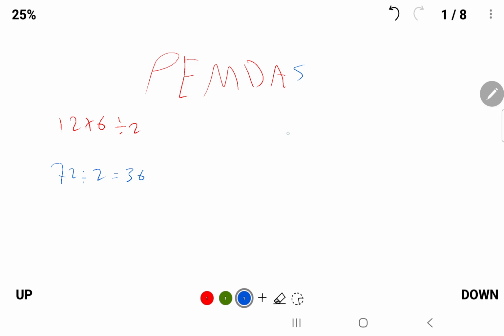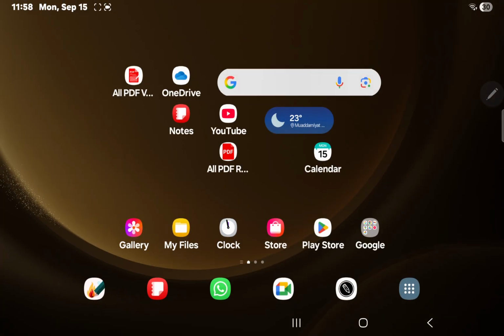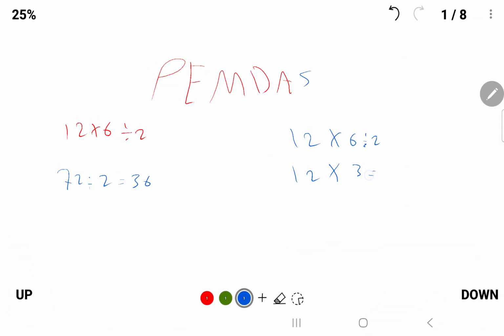And if we start with division, we get 12 times 6 divided by 2. 6 divided by 2 is equal 3. And 12 times 3 is 36. So we get the same answer.